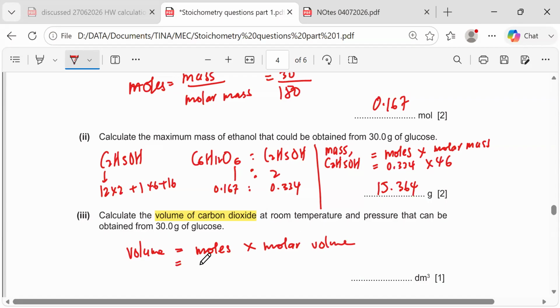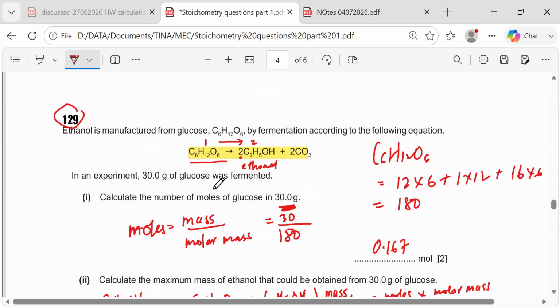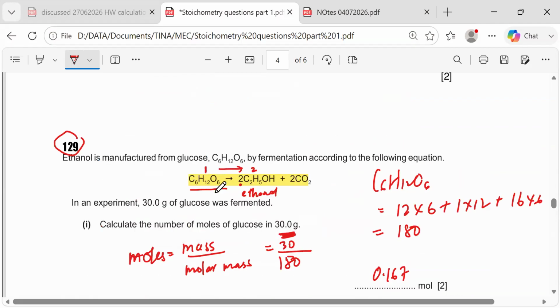So what is the moles of carbon dioxide? The ratio is 1 to 2 to 2, right?